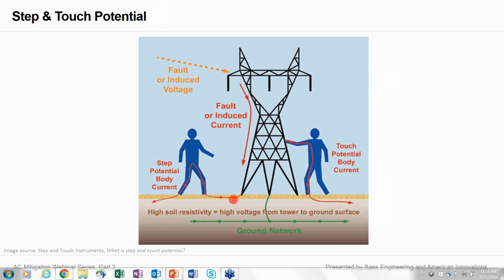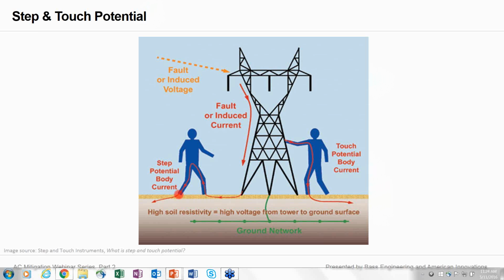There's a number of terms for that, but we will establish an earth voltage gradient in the ground. So that's what is created if you're standing next to that tower or very close to the tower. Your right foot could potentially, pun intended, be at a higher voltage level than your left foot.